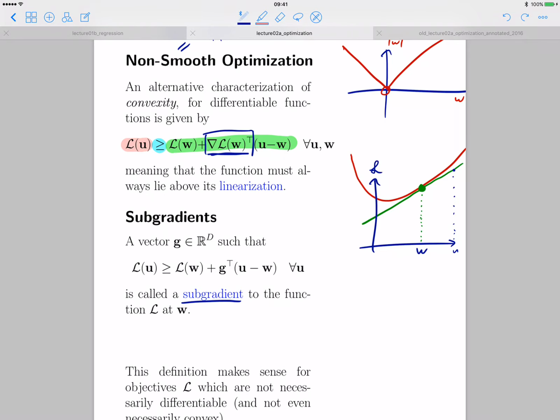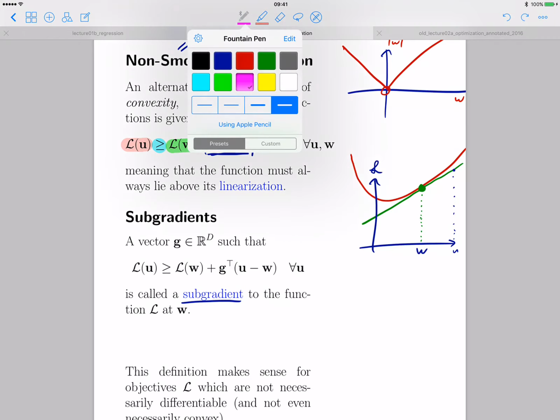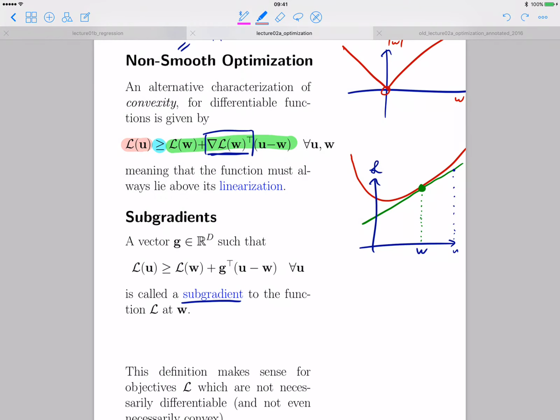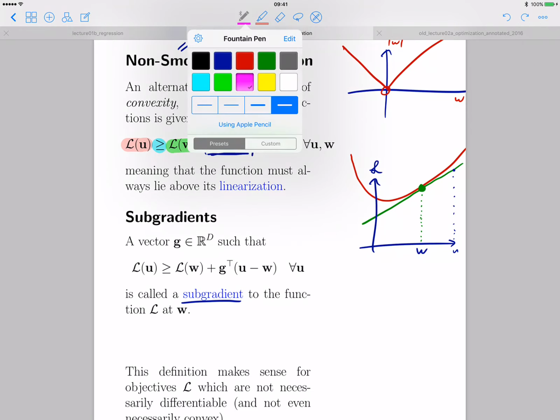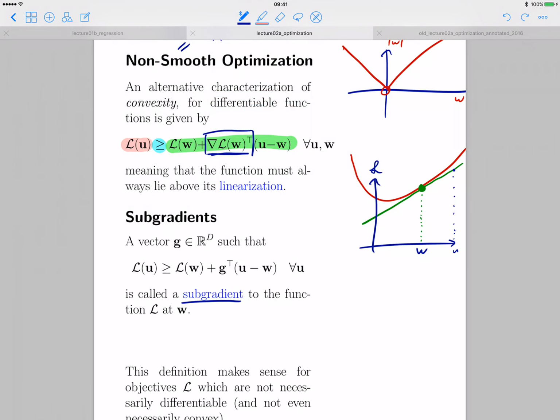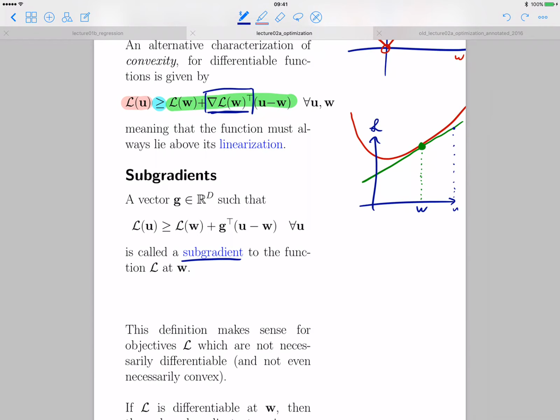You can use any vector g you like, and ask, does my function lie above the linearization defined by this g? That's the idea. But let's illustrate it in a picture. It's much easier.